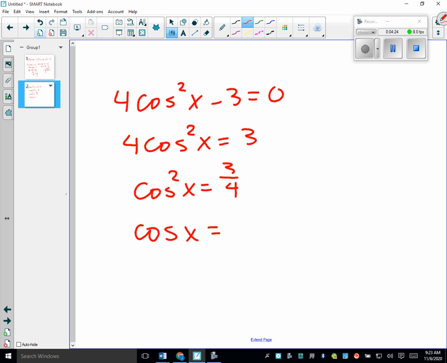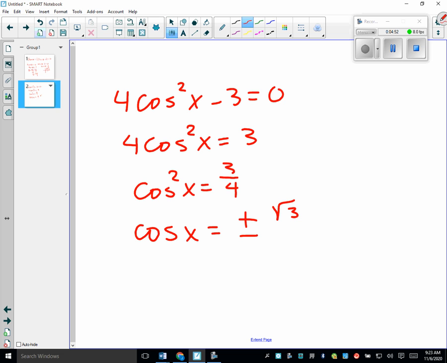Isn't it radical 3 over 2? No, because you have to radical the top and the bottom. Radical 4 goes. You all are still forgetting something. It's positive, right?